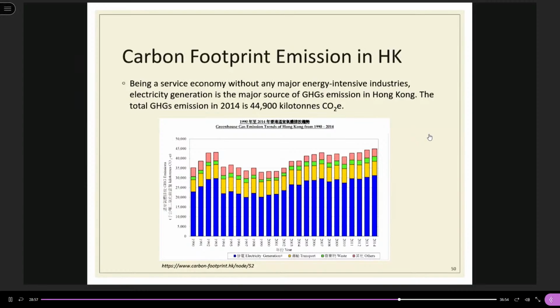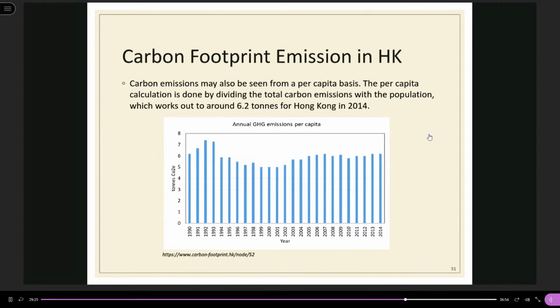Okay, so this chart shows the greenhouse gas emission in Hong Kong from the year 1990 to the year 2014. This is the total carbon dioxide emission. In Hong Kong, the population is getting higher and higher, so maybe it is more fair to look into the per capita numbers.